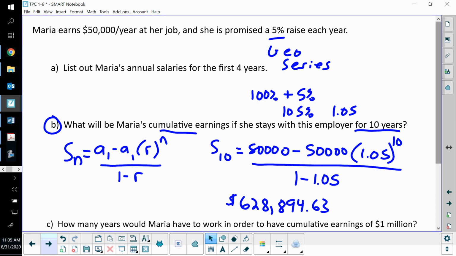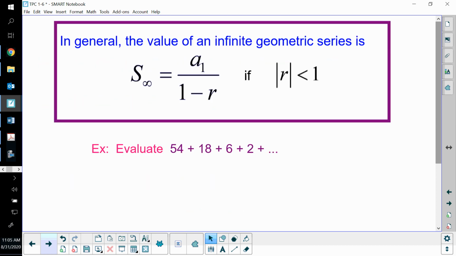So we're going to skip ahead to page 31, to that slide there. So this is the fourth formula that you have to memorize.